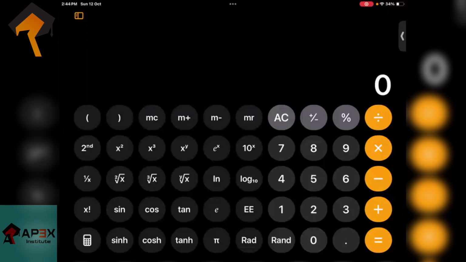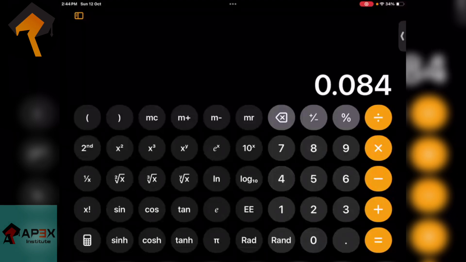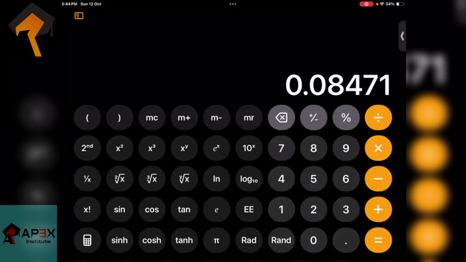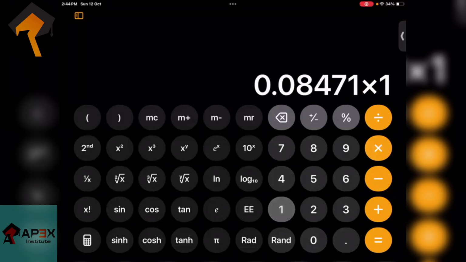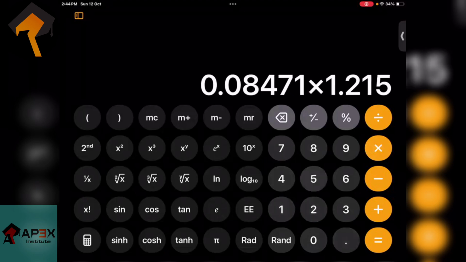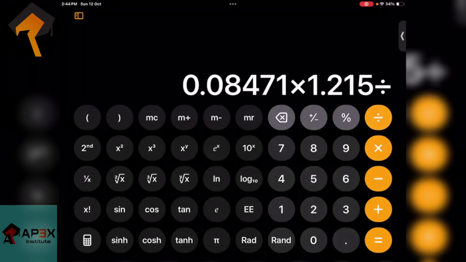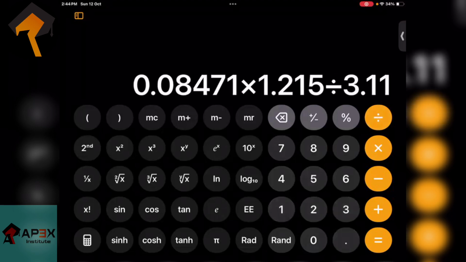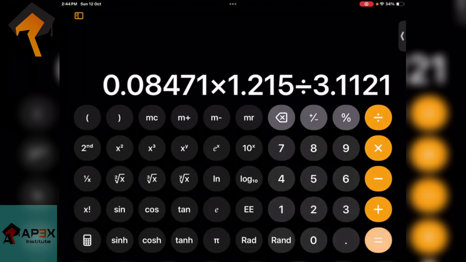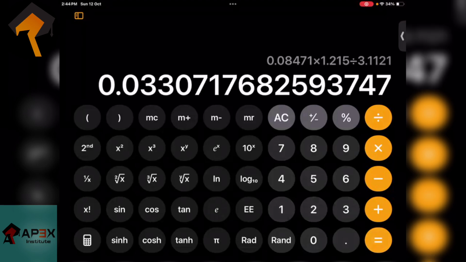We're going to go ahead and say 0.08471 multiplied by 1.215 divided by 3.1121. Once you press equal, you should get a very long decimal number. Now, this decimal number, you don't necessarily have to write out everything, because I would have wanted maybe just about the first 8 or so, or maybe the first 5.